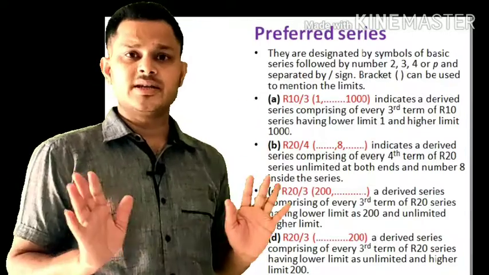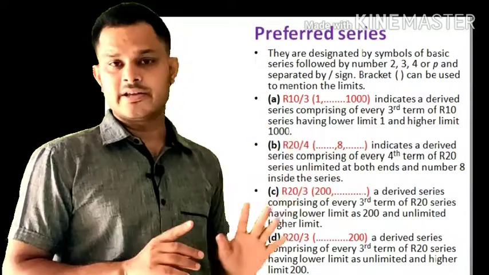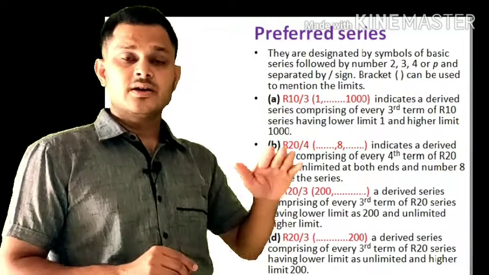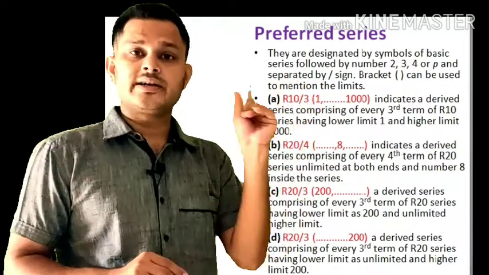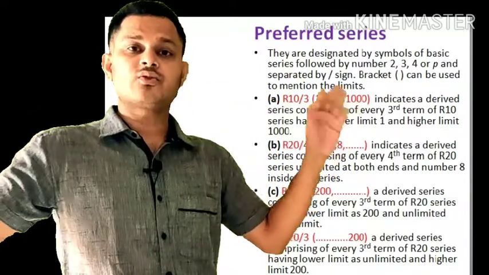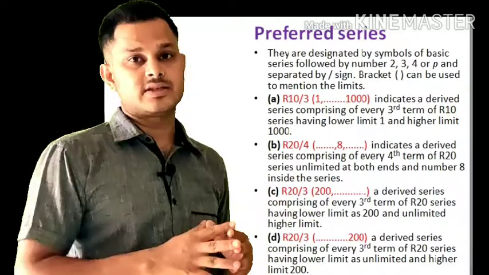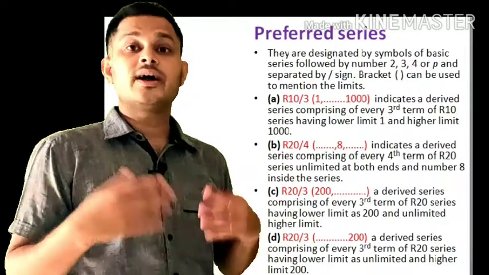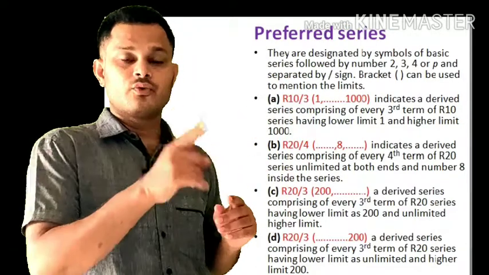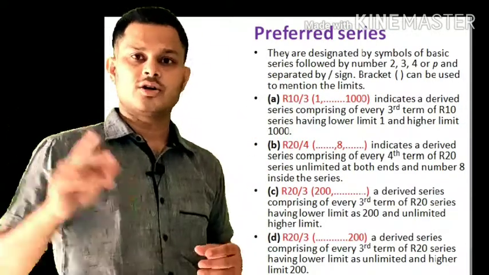Here R10 means it is the 10th series, that means R10 is the basic series. Slash 3 means from the R10 series we will take only every third number. Now, where to start and where to end? That is given in the bracket: 1, dot dot dot and 1000.